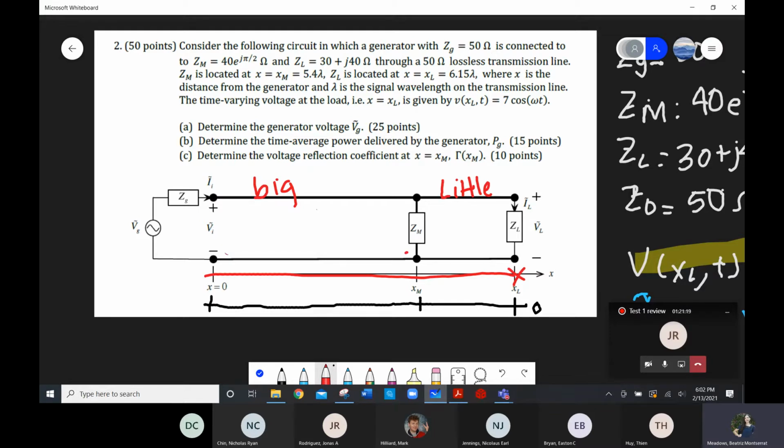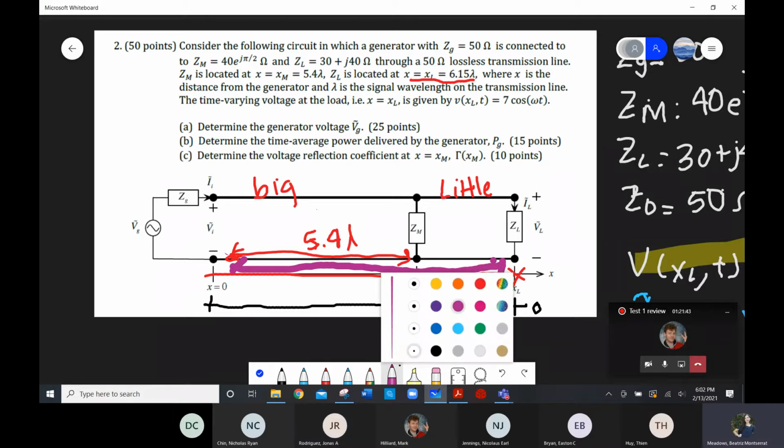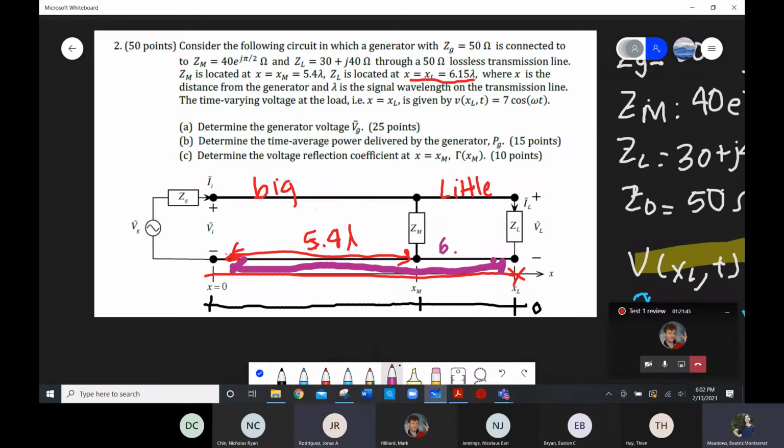What is the distance from here to here in his axis? That's 5.4 lambda. And then he gives you this, which is from x to xL. So he gives you this length and then this length, right? He's going to make you think. He's going to hurt you. He's going to spend like 5 minutes just on figuring out what your actual lengths are.